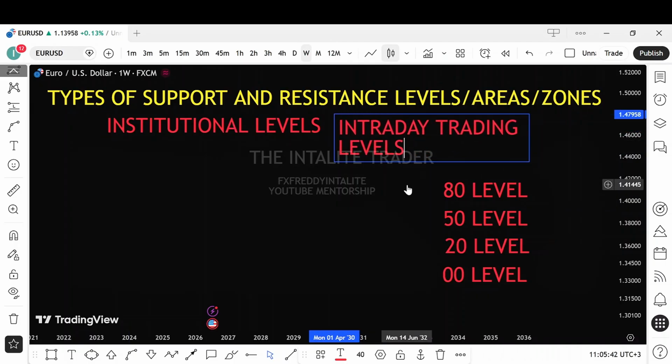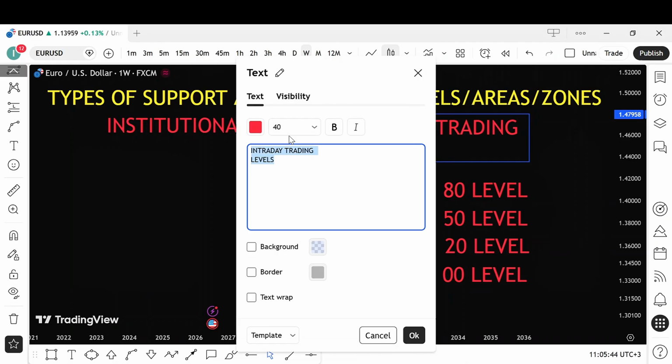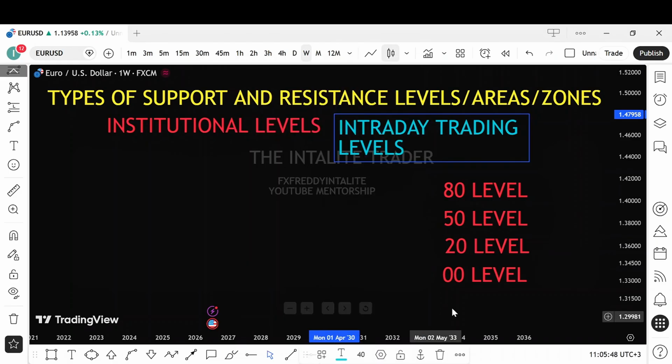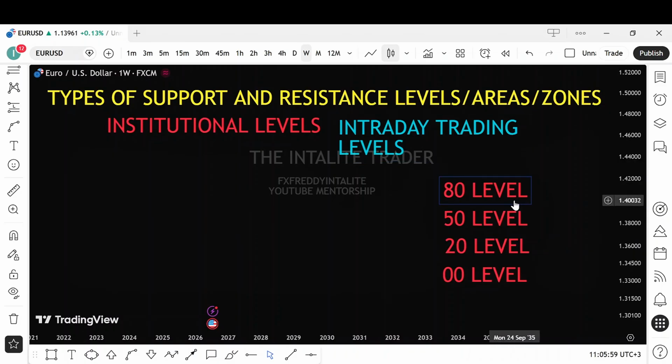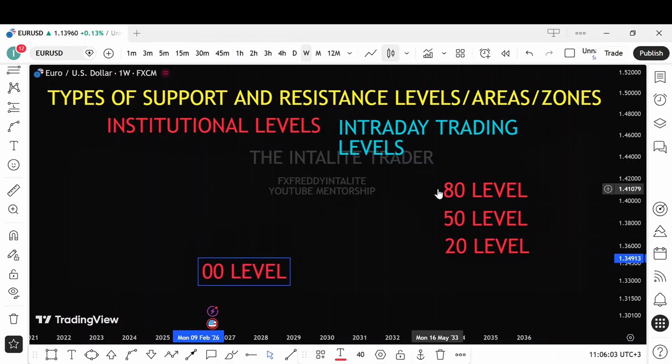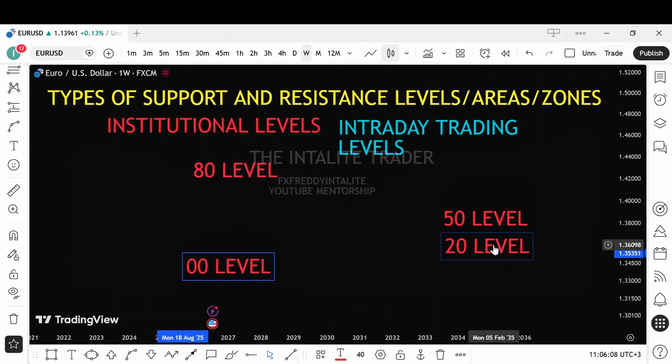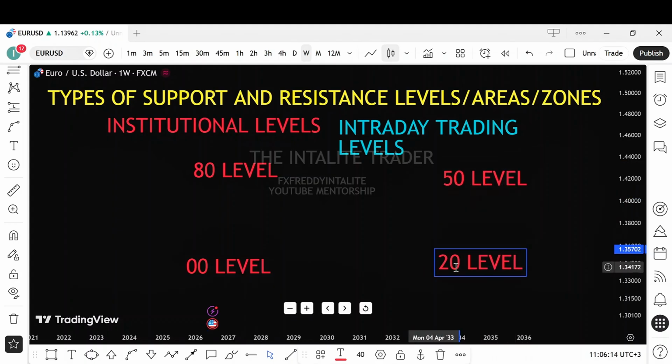When these banks are trading, they use these intraday trading levels, a price range target from the 00 level to the 80 level. These are 80 pips. And also from 0 to 20, these are 20 pips. From 20 to 50, these are 30 pips.